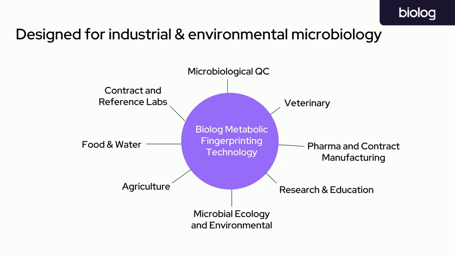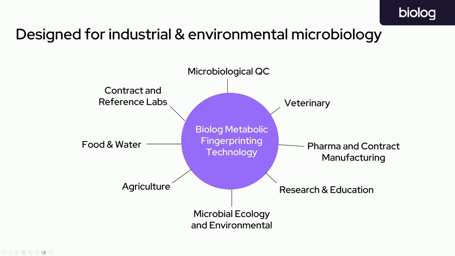So just to give you a few examples, we have Biolog present in many public health labs and large clinical labs, and the focus there is not on patient diagnoses, but rather on getting the correct ID on unusual organisms that can't be identified with a typical clinical system. Also for food and water here, we have multiple government municipalities around the world using our systems to verify that the water treatment is successful and that there aren't pathogenic microbes in the water.